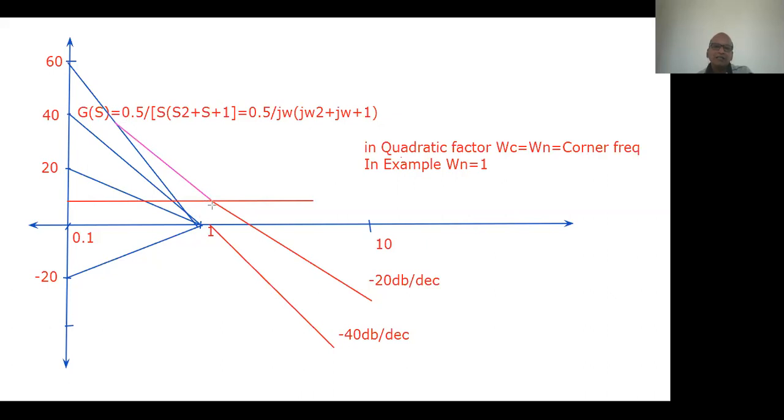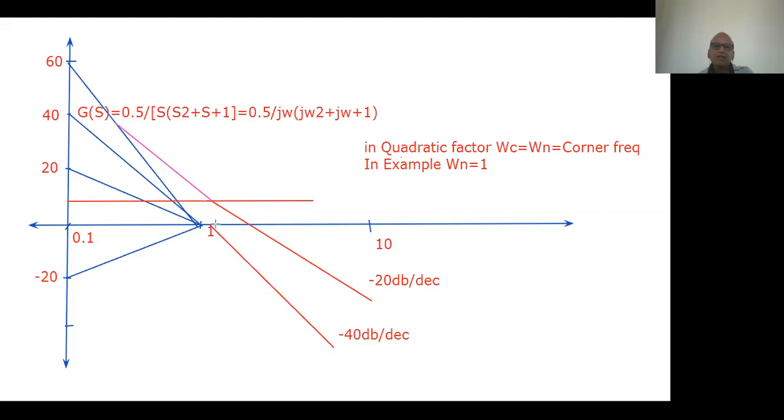At this corner frequency, if you see, this slope is minus 20, but after this corner frequency the slope changes by minus 40, so minus 20 plus minus 40 will get minus 60.